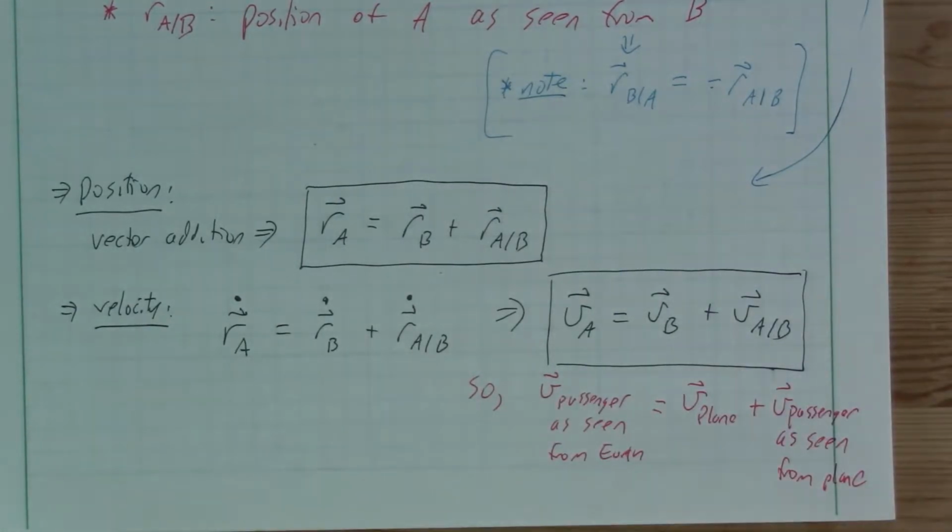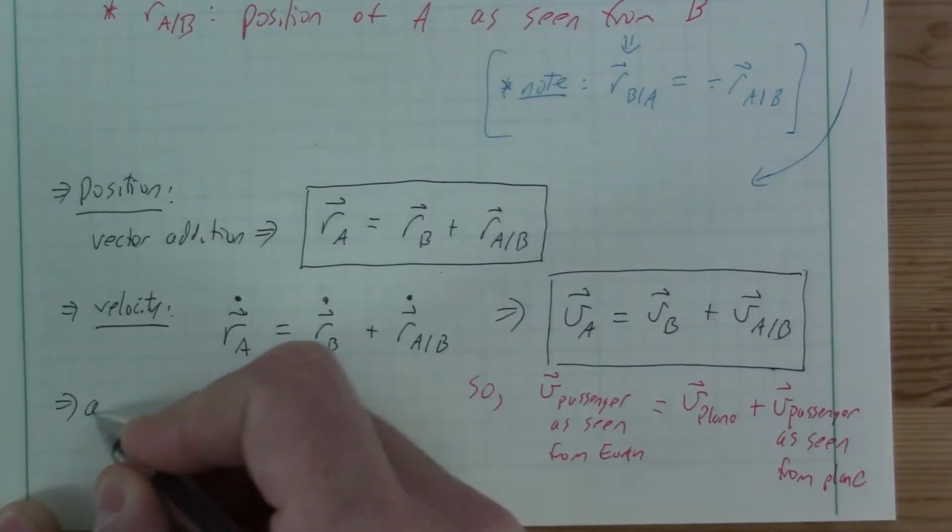Right? So in our example, what this says is that the actual velocity we would see of person A is not as fast as the velocity of the plane because they're walking to the back. Now, once they're done going to the bathroom or whatever they're doing at the back of the plane and they walk again forward, it looks like they're actually moving faster than the actual plane itself, right? So we're just adding on these components.